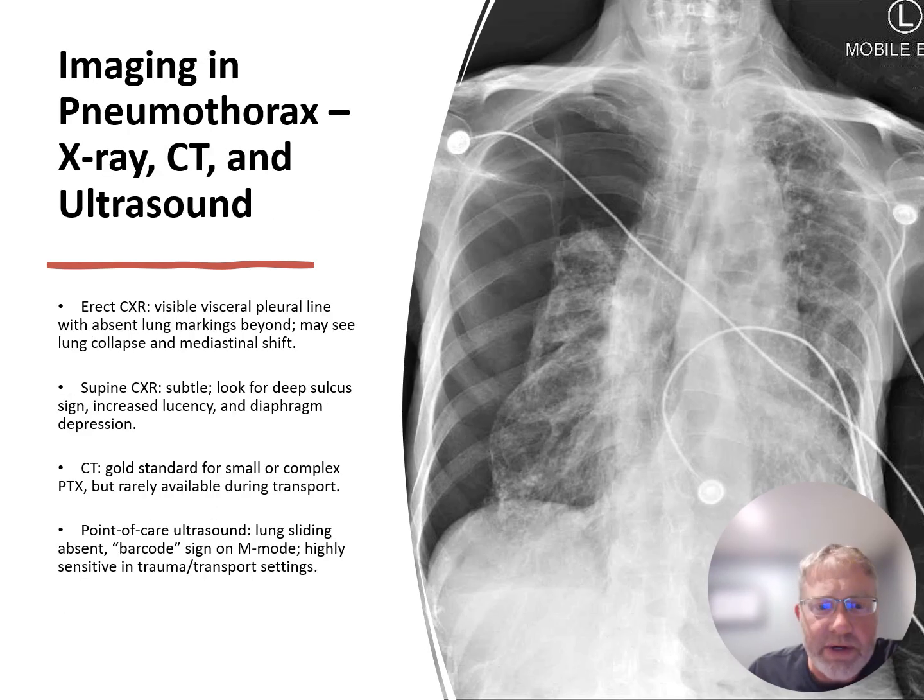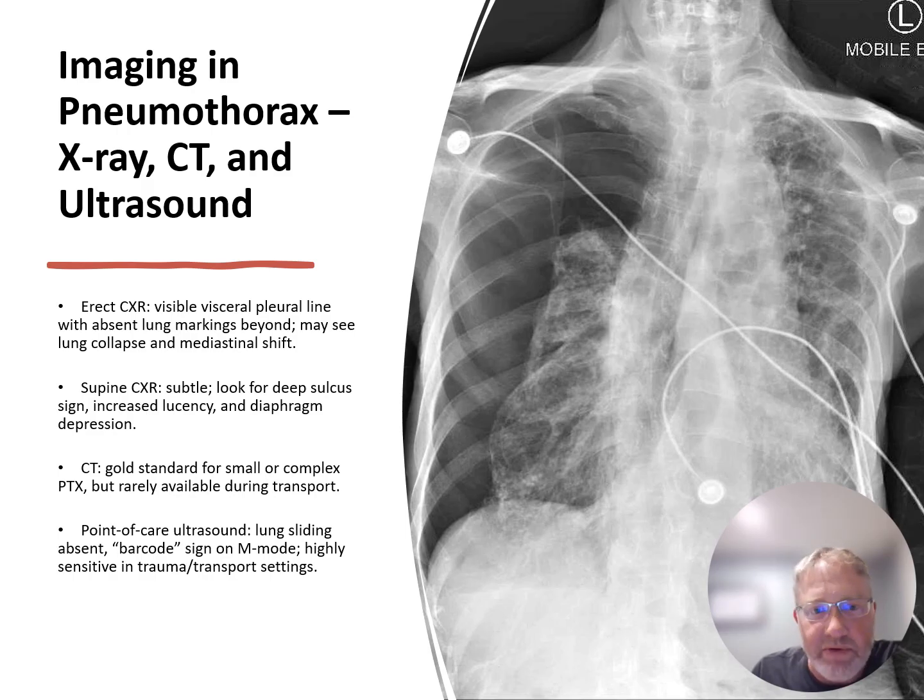When you have a suspected pneumo, imaging can help, but never wait for imaging to treat a crashing tension pneumothorax. On an upright chest x-ray, a pneumothorax appears as a sharp, visceral pleural line with absent lung markings. The lung may appear collapsed and retracted toward the hilum. And in the tension pneumothorax, you may see a mediastinal shift.